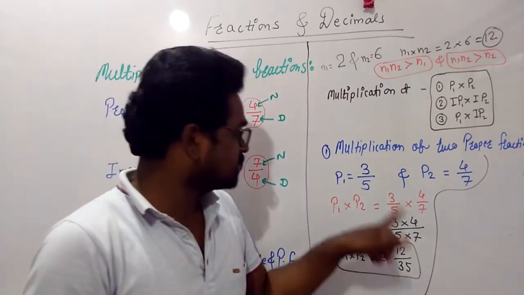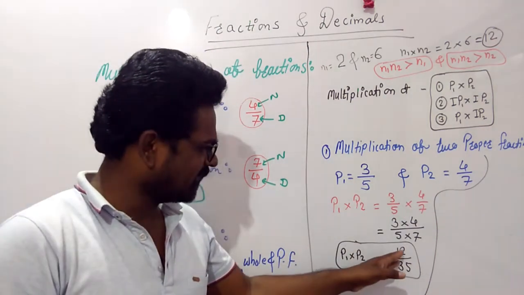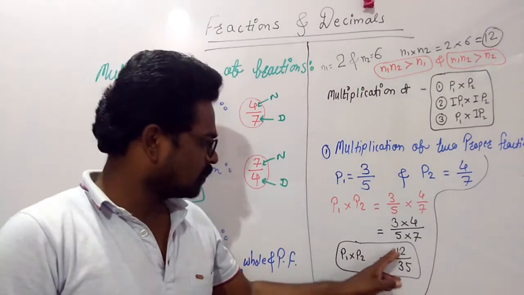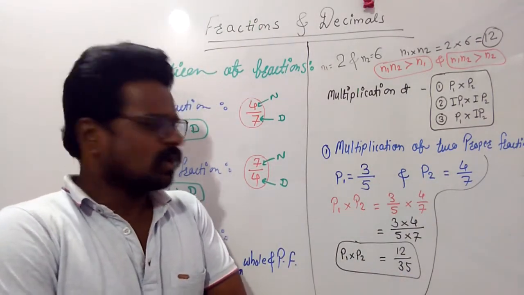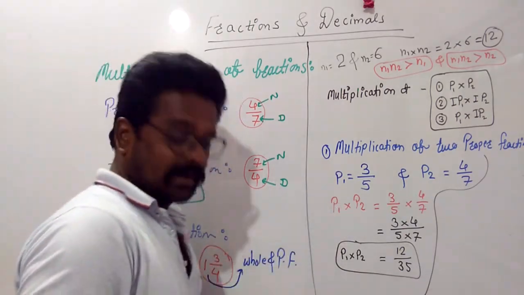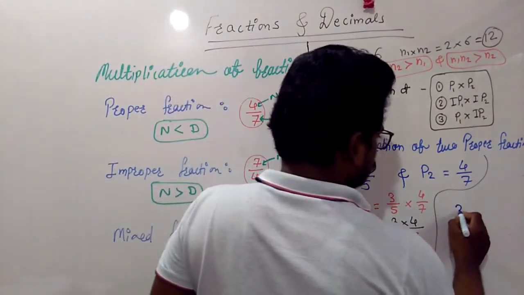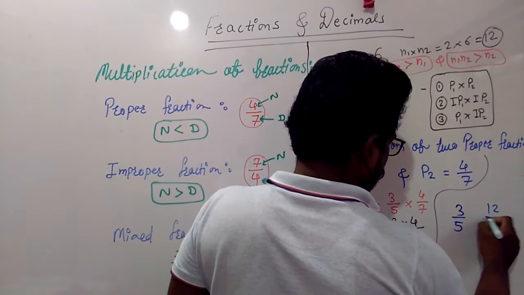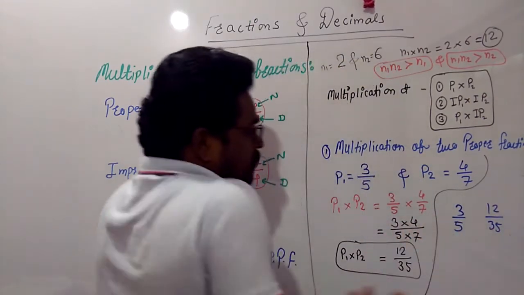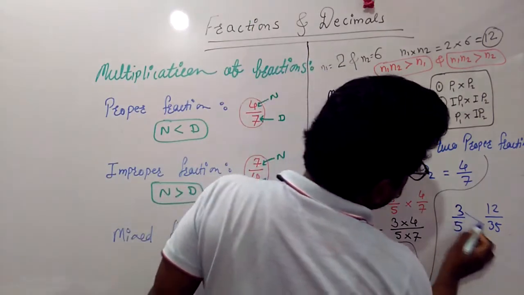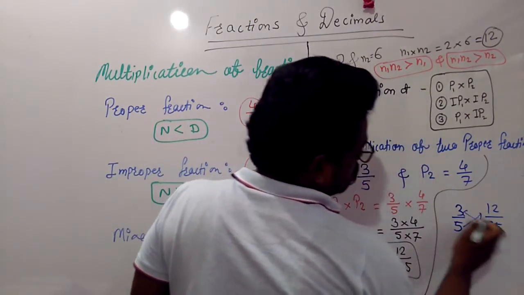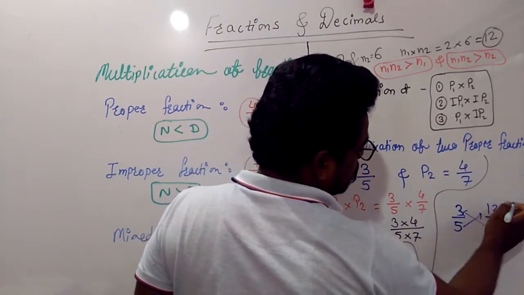You can check this by dividing, or with our method, 3 by 5 and 12 by 35 is there, correct? Now we need to find out which one is larger. So we do it this way: multiply this and multiply this.